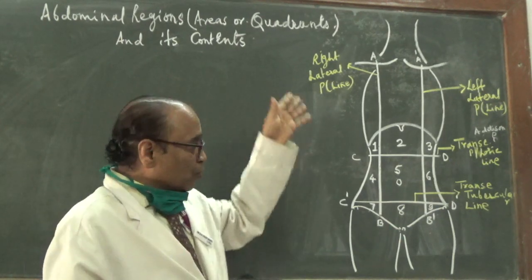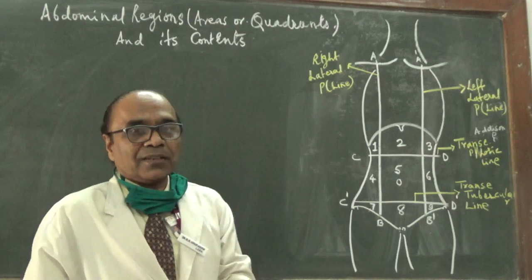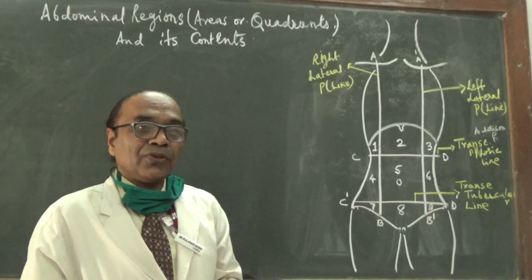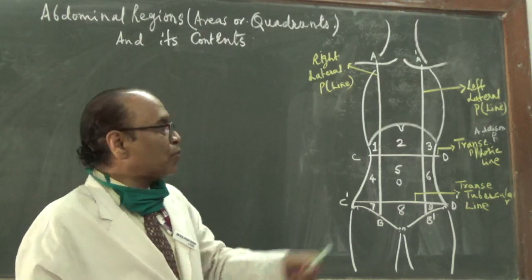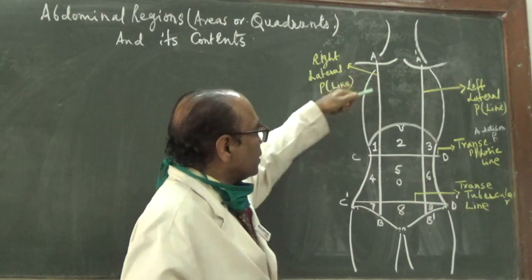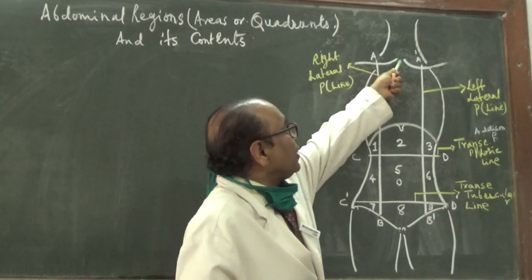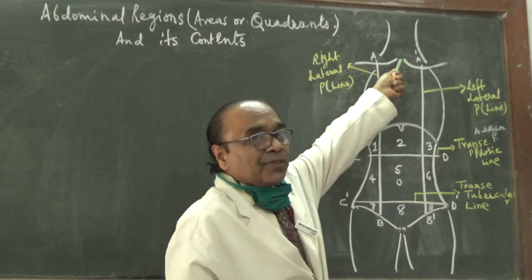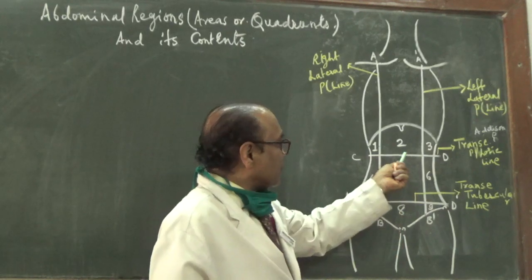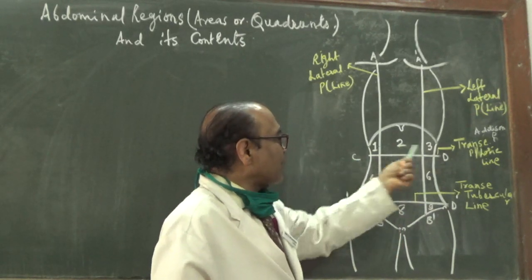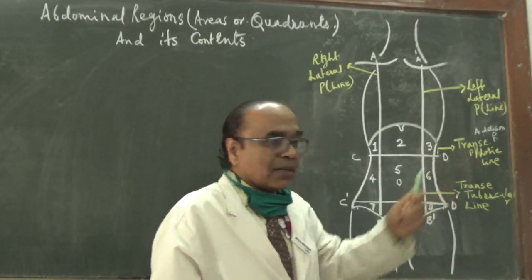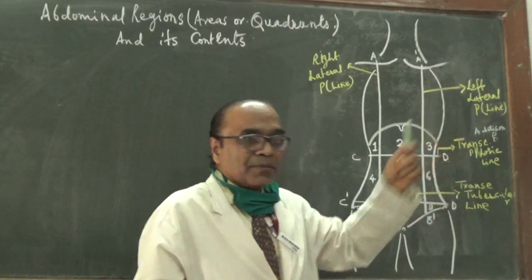Then these two lines are crossed by two horizontal lines. Now those two horizontal lines, the midpoint of the suprasternal notch to the pubic symphysis. So this line C and D is called the transpyloric line or transpyloric plane.